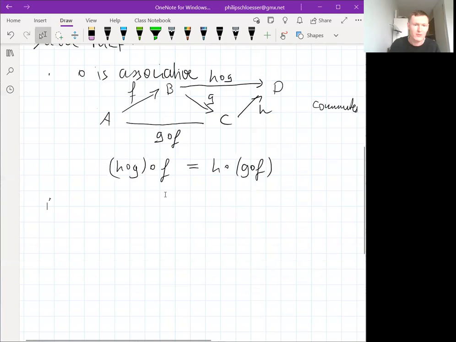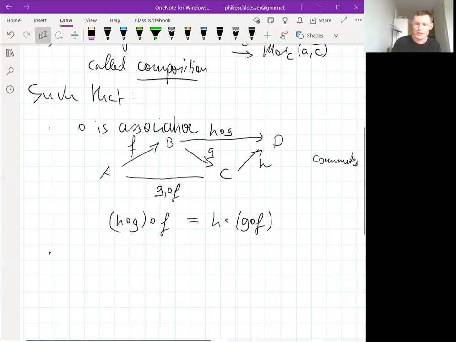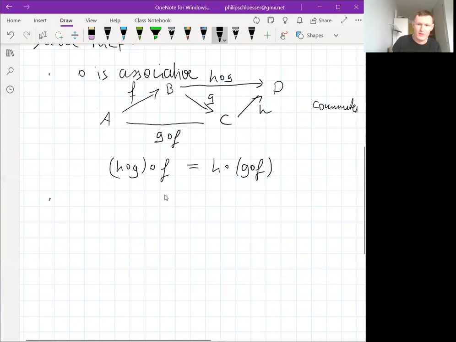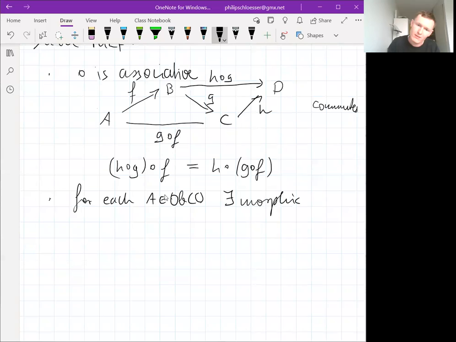We'll get a bit more clear, I hope, when I write down the one for the second condition. Namely, we have for each object at least one morphism, or a particular morphism called ID_A, that goes from A to A, and it satisfies one condition.